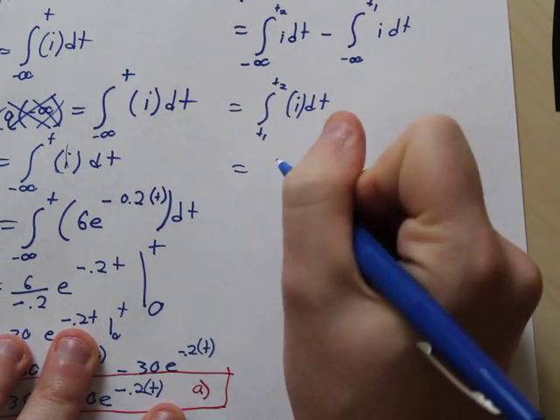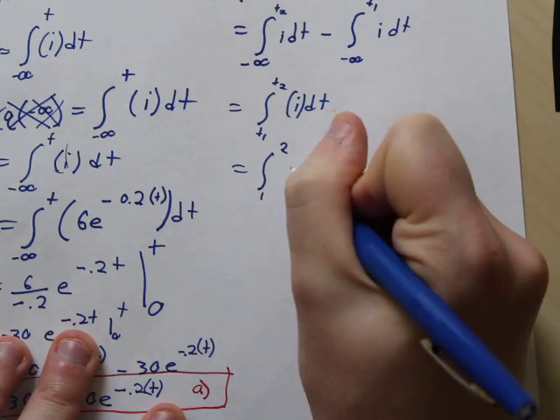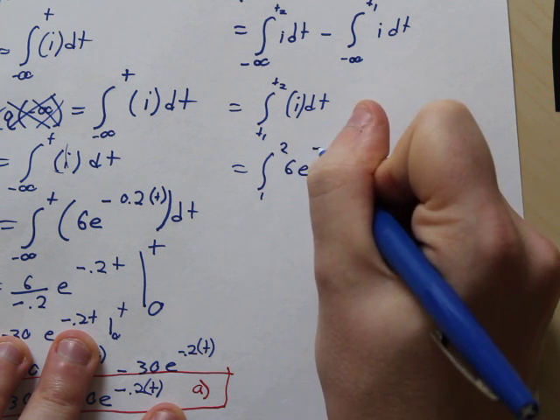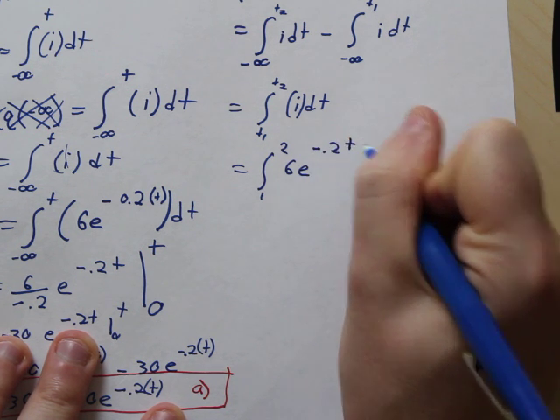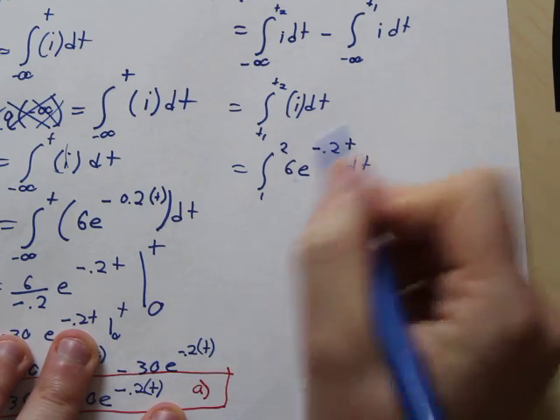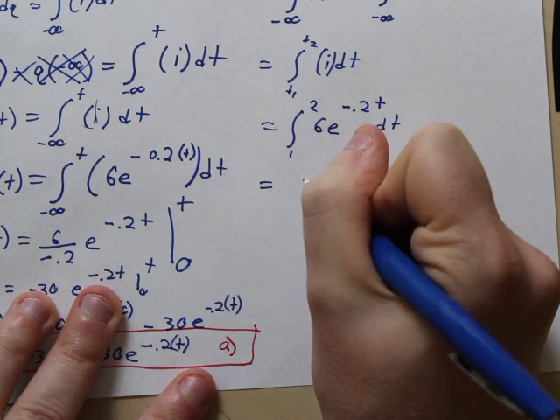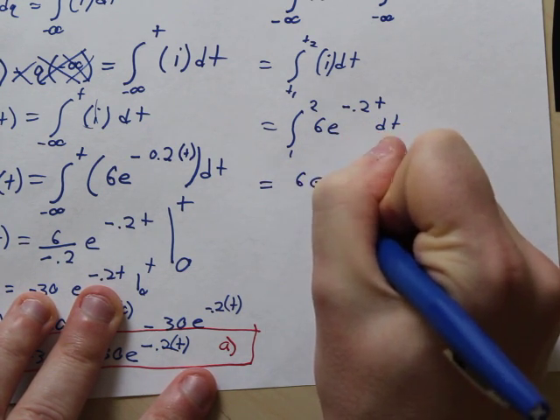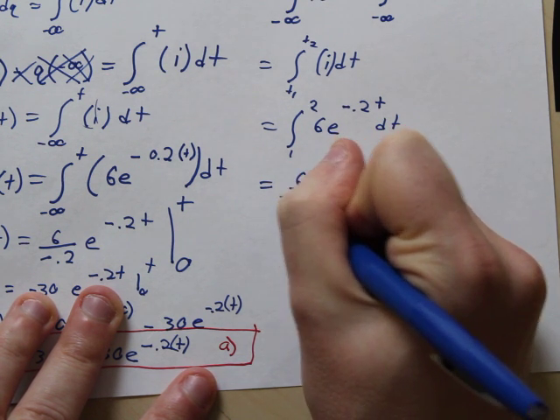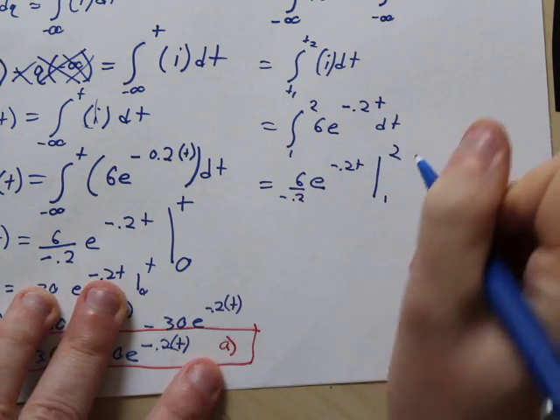So this is going to be equal to the integral from 1 to 2 of 6 e to the minus 0.2 t dt. So now we're going to be able to integrate that. The integral of that is going to be equal to 6 e to the minus 0.2 t over minus 0.2, from 1 to 2.